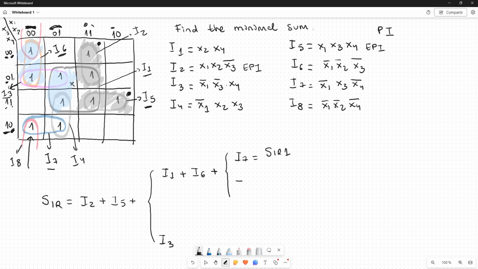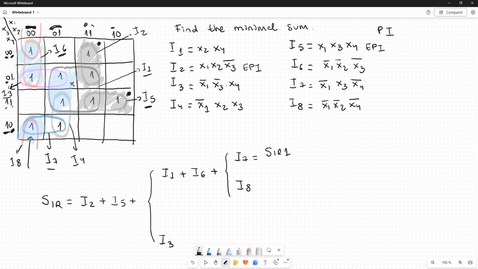If we use implicant 8, we have covered this one and the other at the top. So we still have to cover the remaining one. Note that you have to be really careful, be really tidy when doing this.